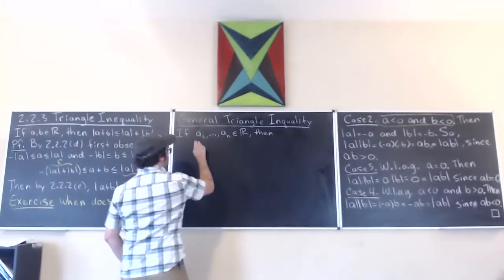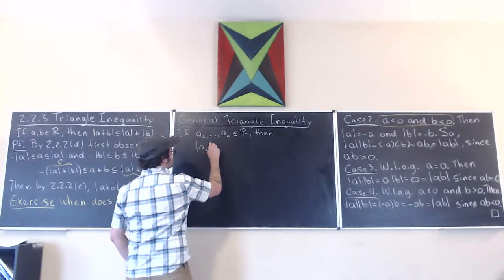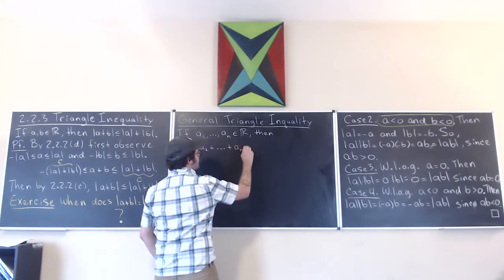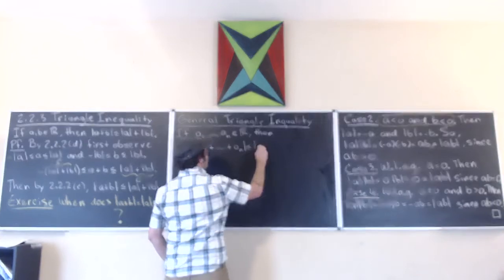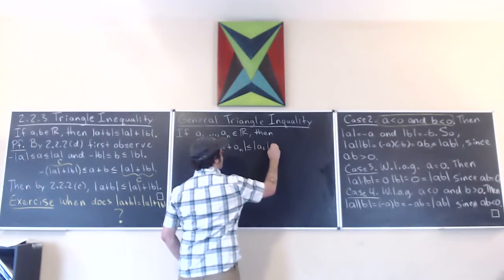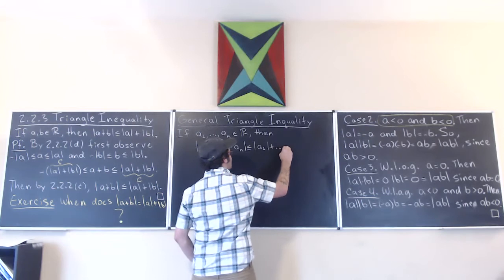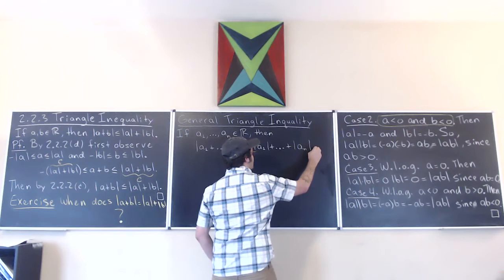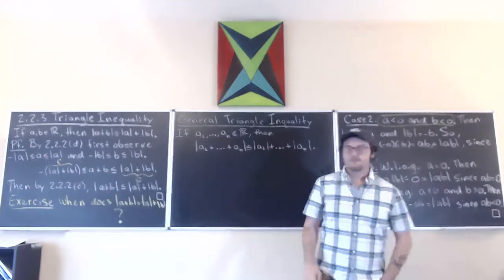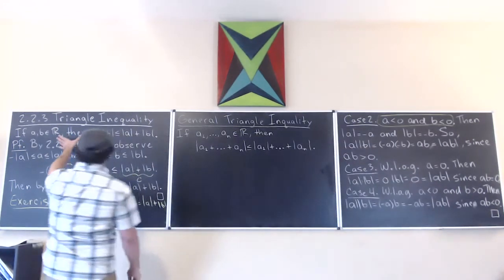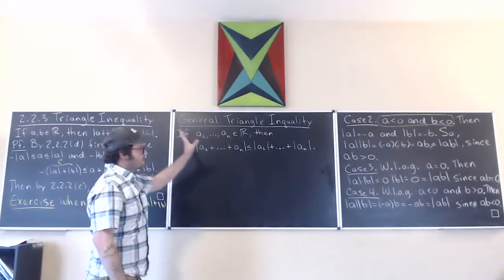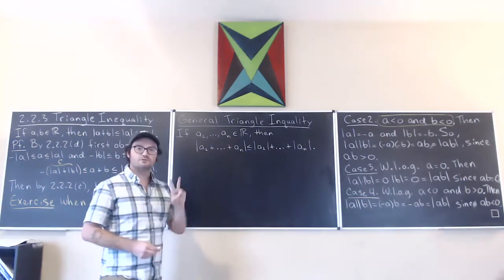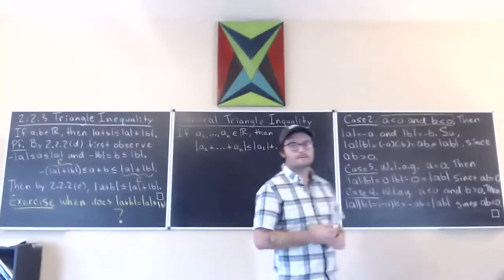So you can see that the triangle inequality is a special case of the generalized triangle inequality when you take n equal to 2.